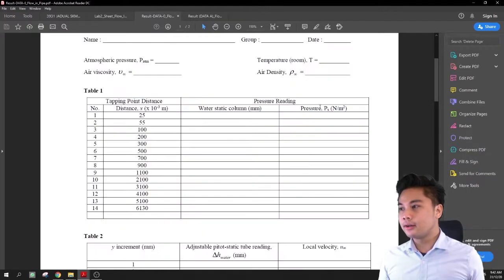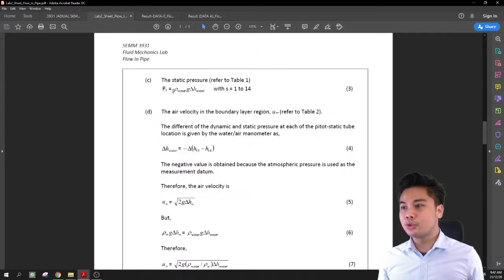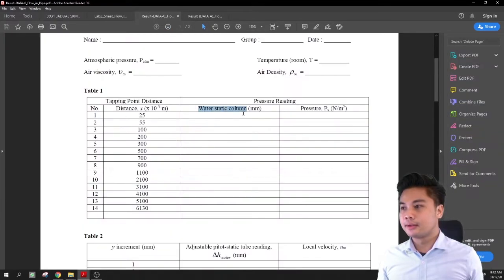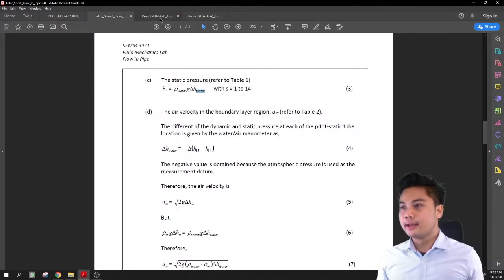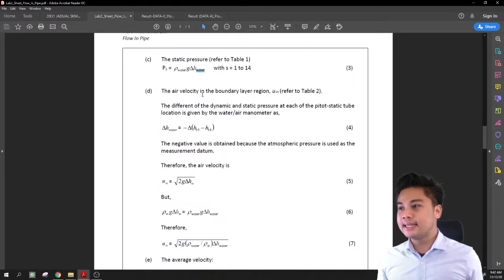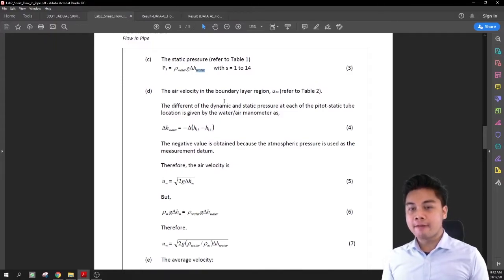So, how do we calculate the static pressure at a certain location? You can see here the formula is P equals rho of water multiplied by gravity multiplied by the change of height elevation of water, which we're going to give you later on. Then the air velocity in the boundary layer region we call U infinity, the local air velocity at a certain location.